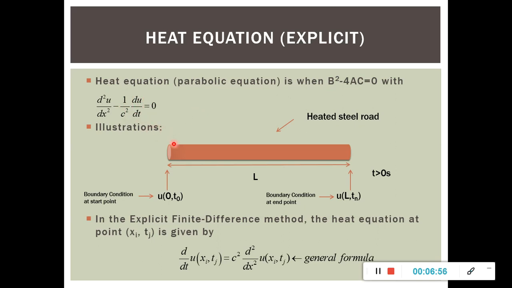So what we are going to do in this chapter is, let's say you've been given one steel rod. This steel rod will be heated at the boundary. We want to know, after a certain time, what will be the heat value at a certain point on the steel.